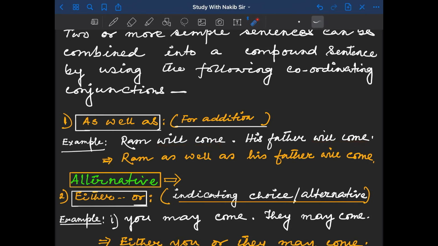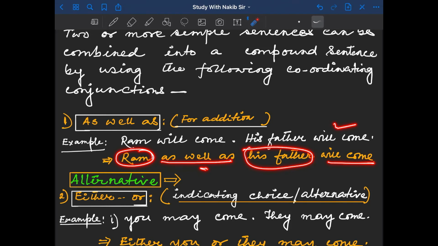These 2 are the same, but his father and Ram, these are different. Ram and his father are to be joined. See how they are joined here with the use of this coordinating conjunction. Ram as well as his father. Ram as well as his father will come.